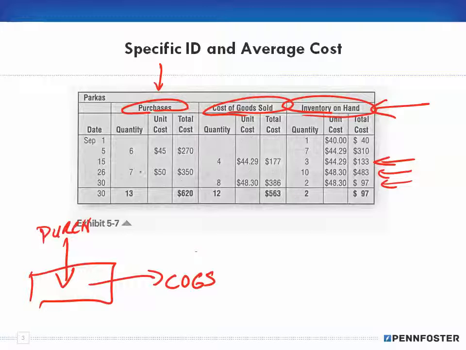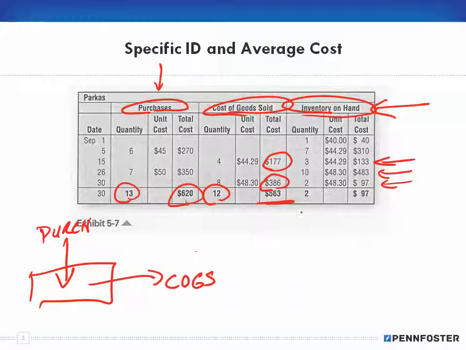Now, as a double check, you could say, I bought 13 and that was my total cost for my invoices, and I sold 12, and I had calculated my total costs to be 563.